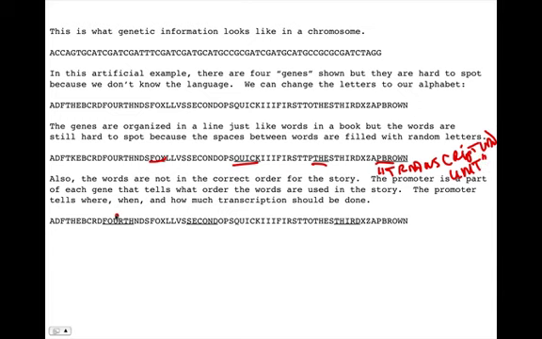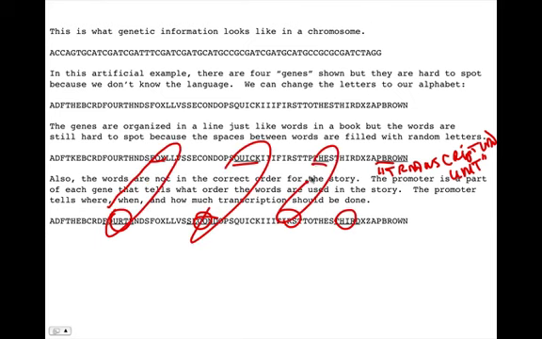So we've got the word, and then here's the promoter. Somewhere else, there's probably another one. And so each gene is composed of two parts. And the story plays out when both are used. So you go to the first word, the quick brown fox. And that's how the promoter works.